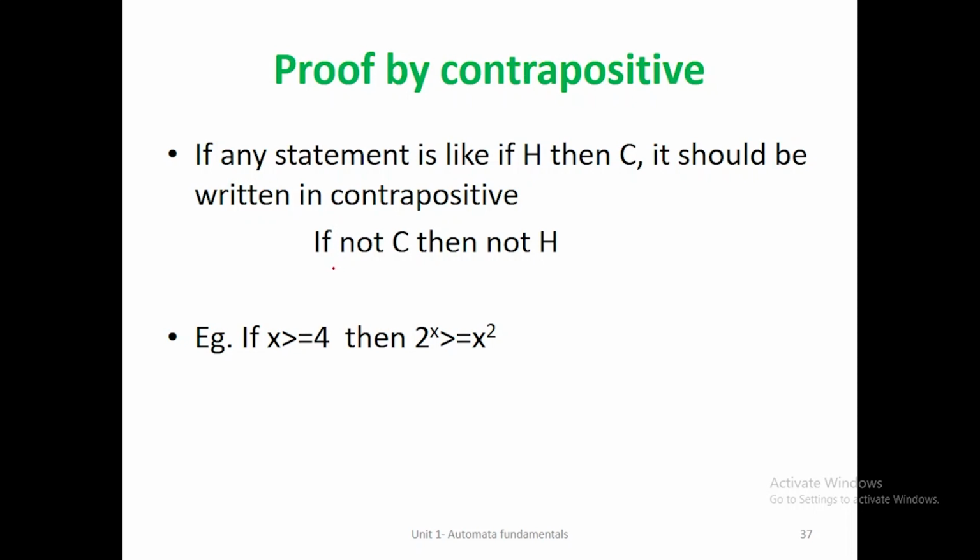Not C means negation of C. Not H means negation of H. So we should prove it by the rules. That is, we are taking hypothesis and conclusion. What are the possibilities? If hypothesis is true, conclusion is true. If hypothesis is true, conclusion may be false. If hypothesis is false, conclusion may be true. If the hypothesis is false, conclusion may also be false.